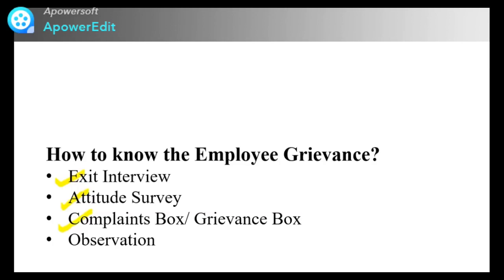The worker can write the grievance, the cause of the grievance or the dissatisfaction on a piece of paper, then put it into the grievance box. After a certain period, the management can open the box and review the grievances employees submitted.